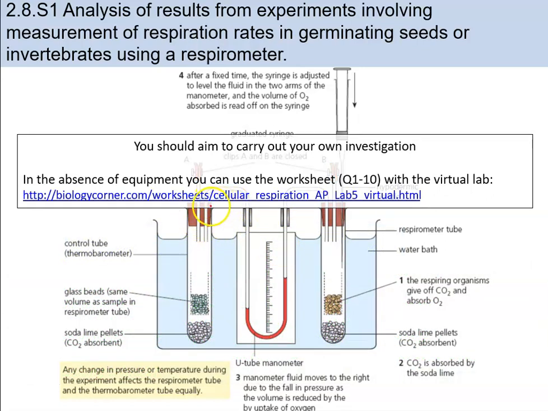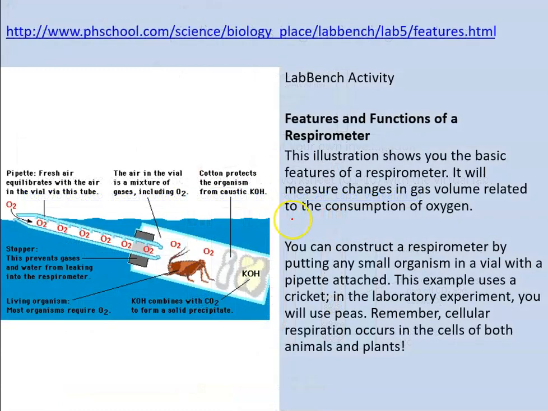There is a link over here. It's the respiration lab, and you can do this virtual lab. But there is another one which I like, and I'm asking you to do this virtual lab. You go to this link, and it's because we have done virtual labs before in the class. You know what to do. You just start from the first page, and step by step go and do it.